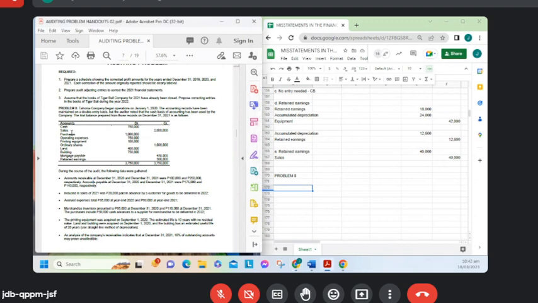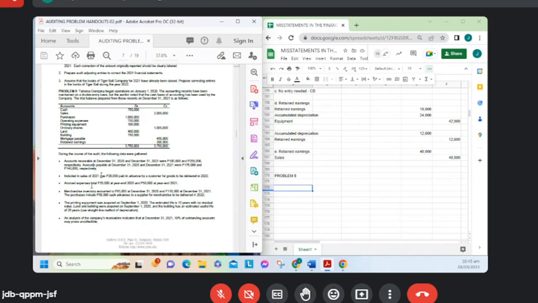So we don't have that information here. This is the TB, beginning and ending balance. Basically, these are the movements or the entries created in 2021. So included in sales of 2021 was 20,000 pesos paid in advance by a customer for goods to be delivered.